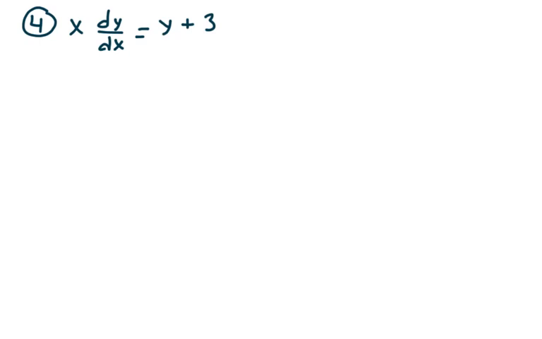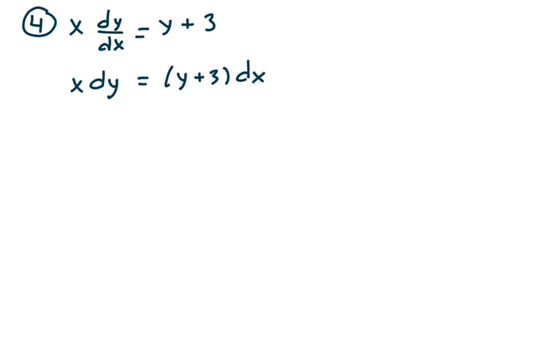Now, the first step that I'm going to do is move the dx over to the right-hand side. And so we have x dy on the left side, and then we have y plus 3 dx on the right side. That's still not enough, okay?